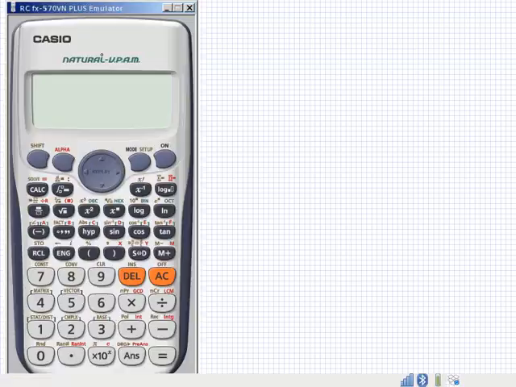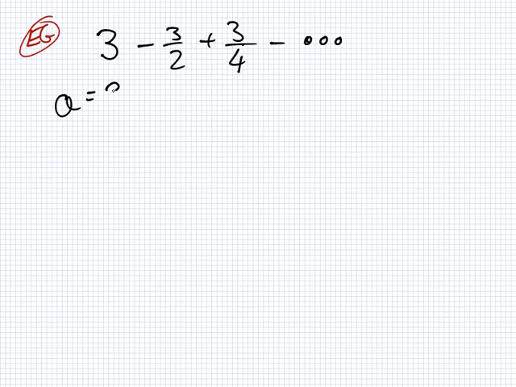Okay, let's have a look at this one. 3 minus 3 over 2 plus 3/4 minus etc., etc., and forever. What's the a here? 3. And the r? Minus 1 over 2. Minus a half.